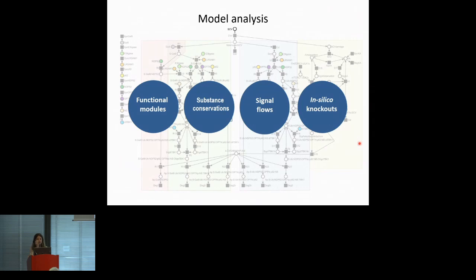But what was new: we detected really new complete pathways, and the in silico knockout analysis gave a lot of hypotheses. We have also contacted experimentally working groups, but that will take a lot of time. Sure, thank you very much.